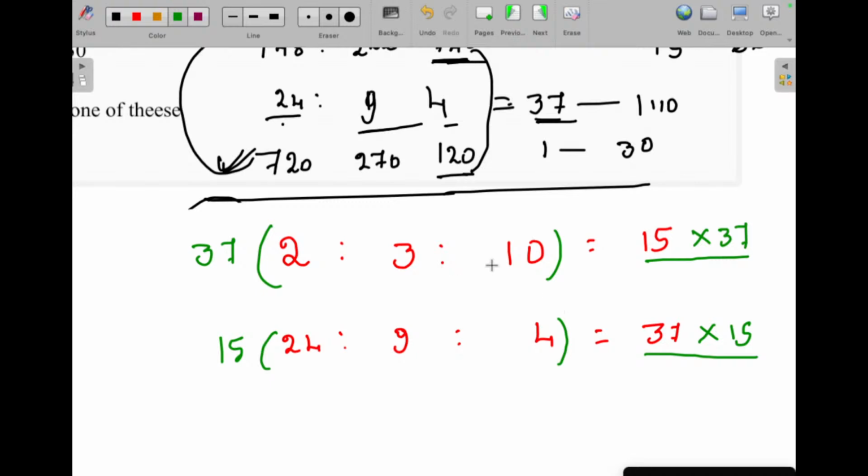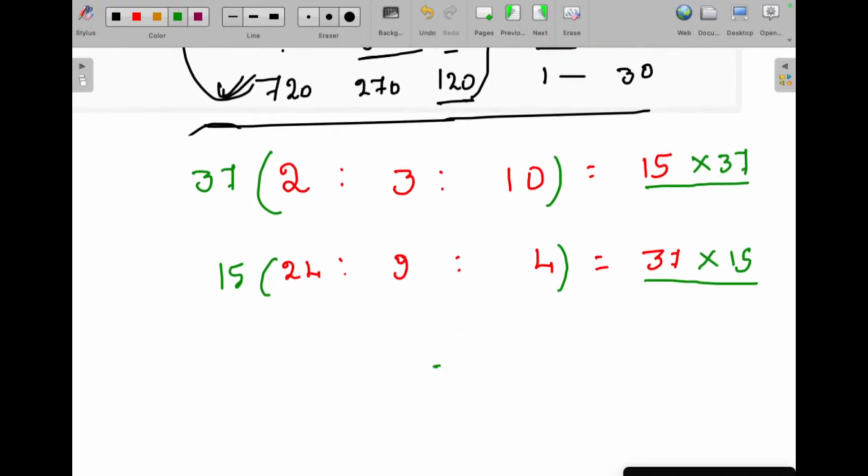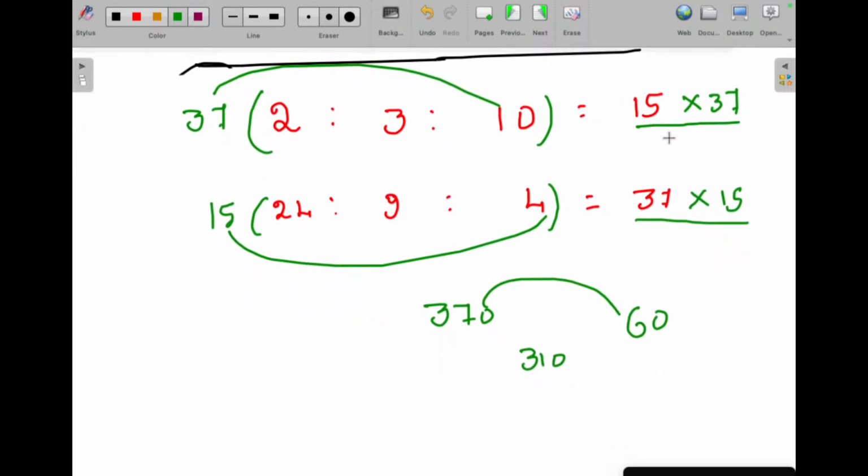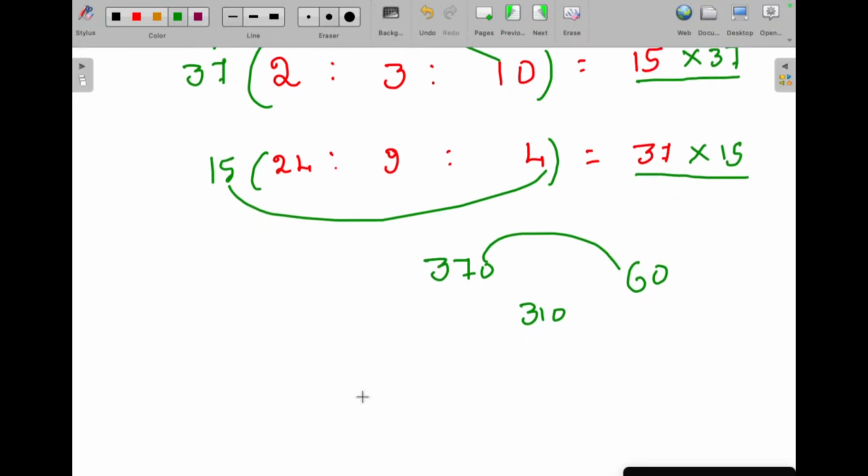Okay, but now I should distribute 370 letters to C. By mistake, now I distributed only 60 letters, 15 fours are 60. To meet the demand, I need to send 310 letters. Now I need to compare with the original number. Initially I have 15 into 37 parts, which is equal to 1110.